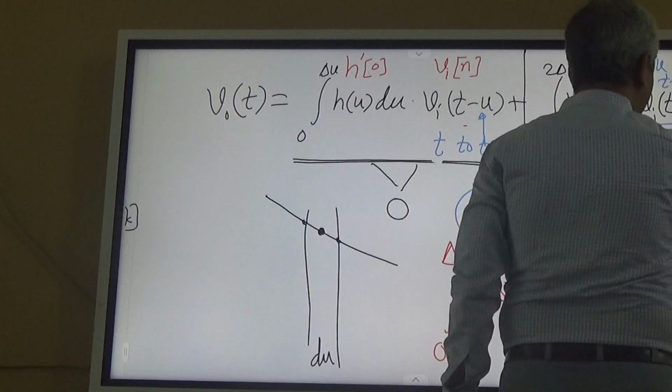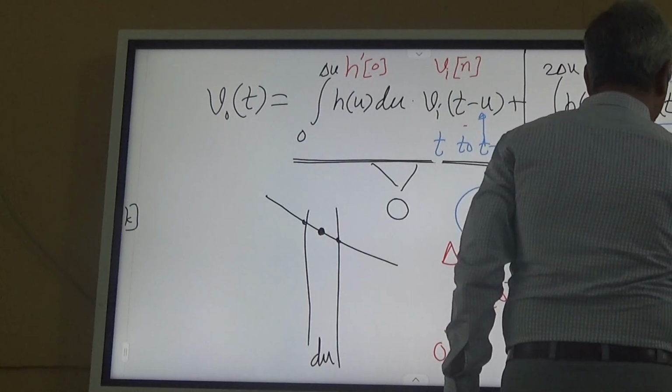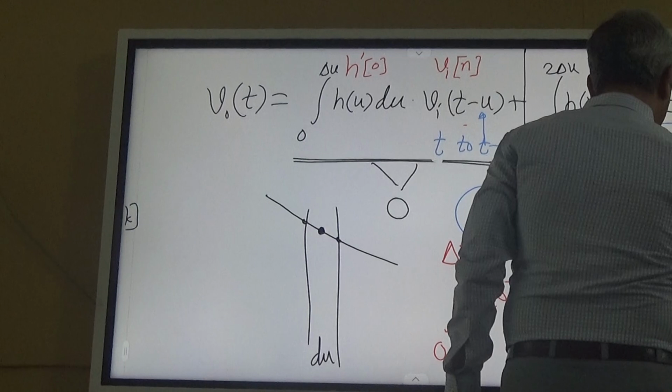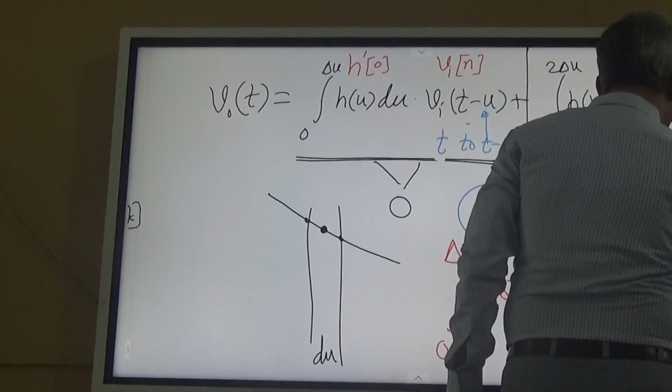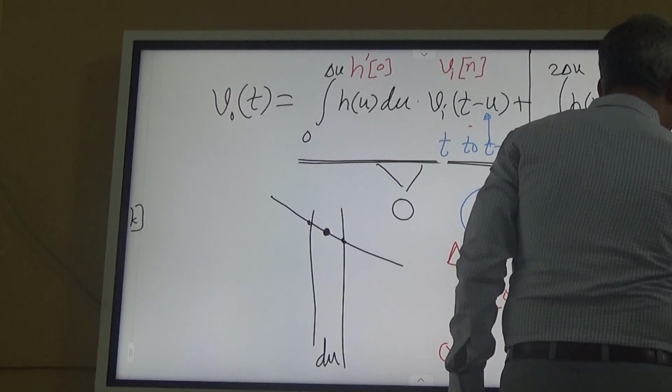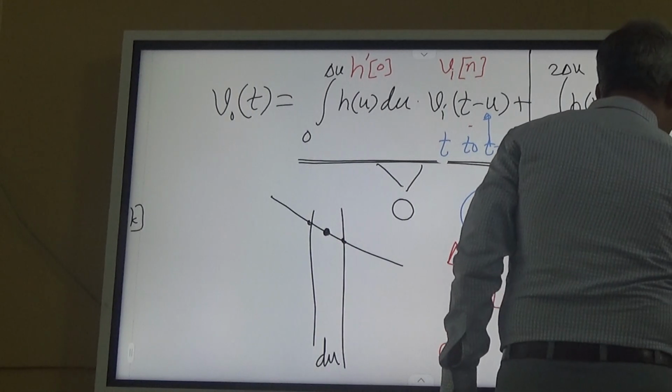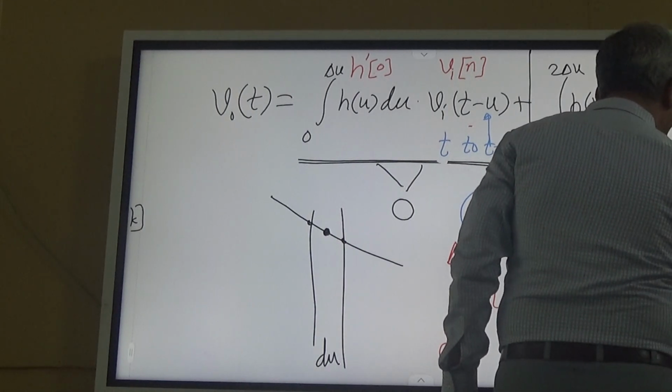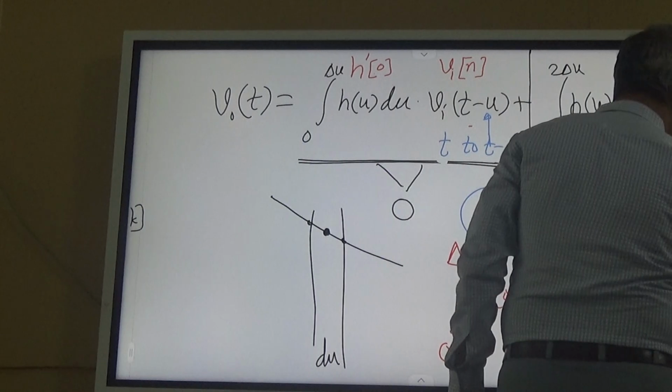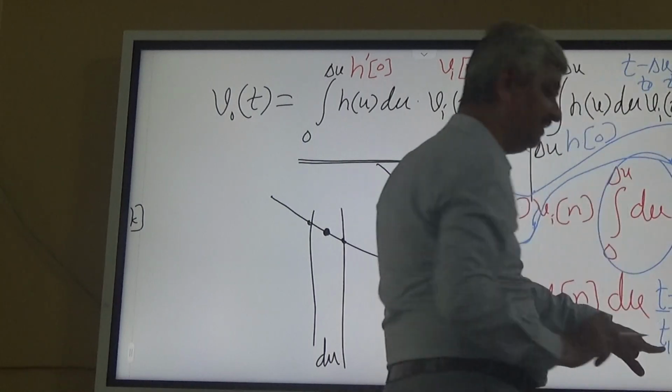That is, if I say t minus delta u as t1, it is from t1 to t1 minus delta u.